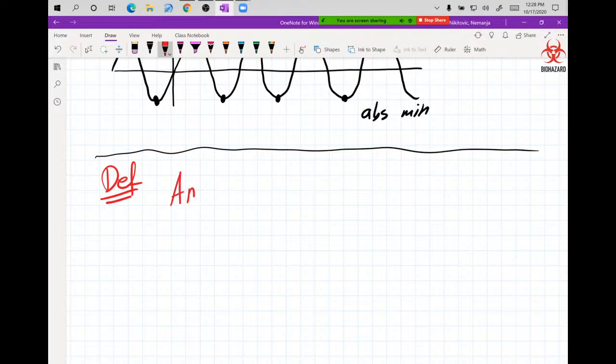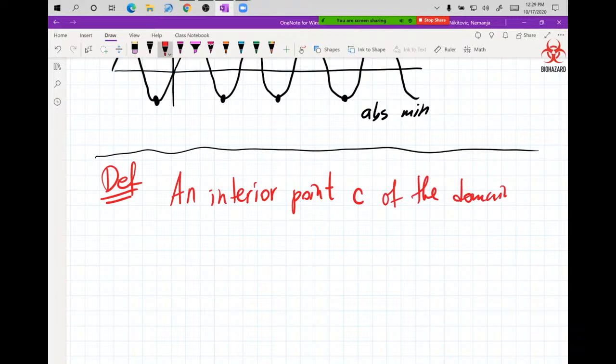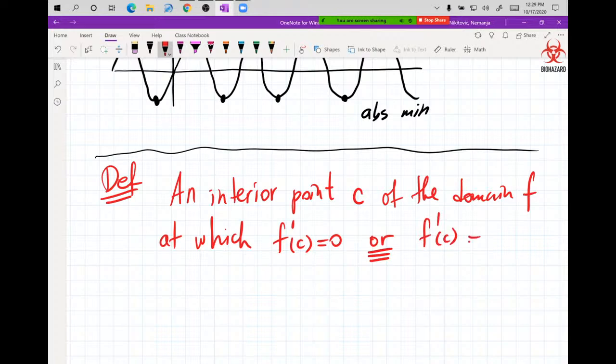So an interior point C of the domain of f, at which f prime of C is equal to 0, or f prime of C does not exist, is called a critical point of f.